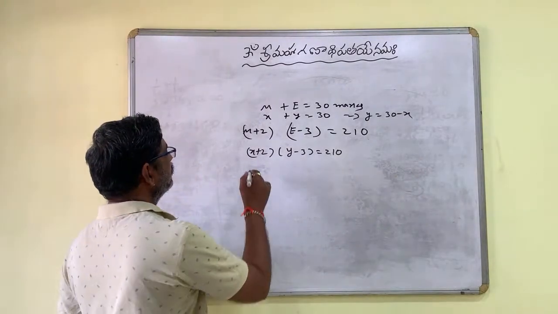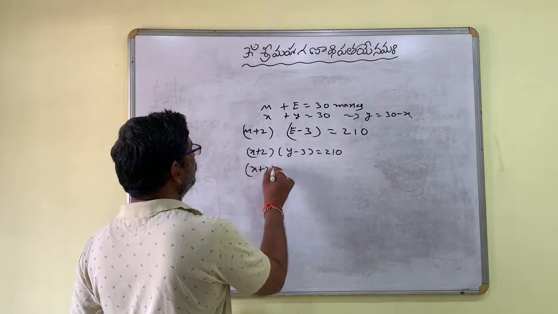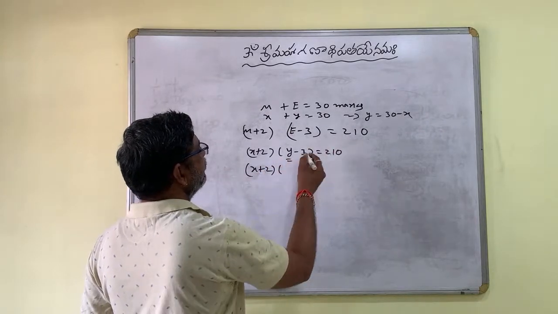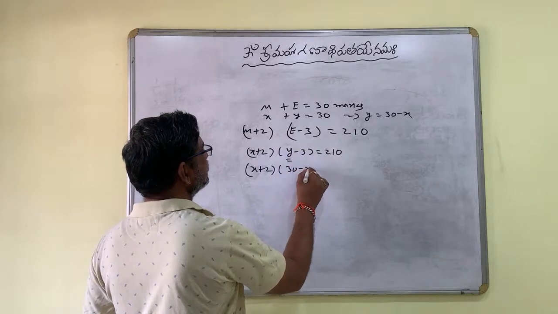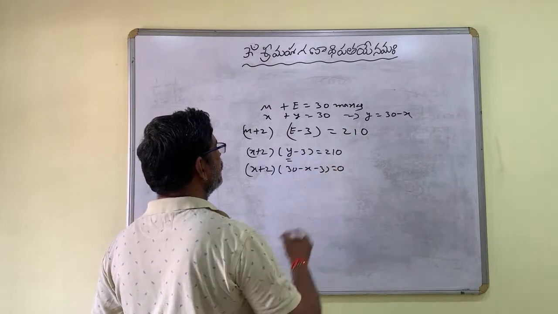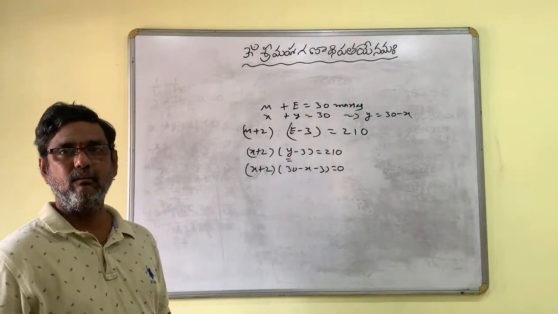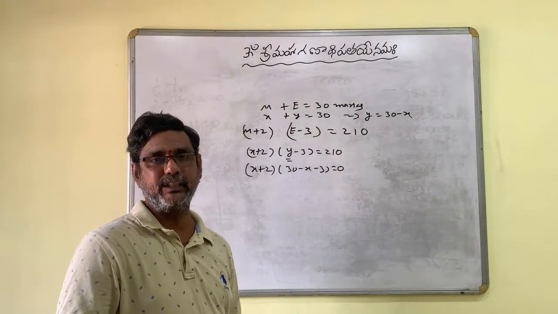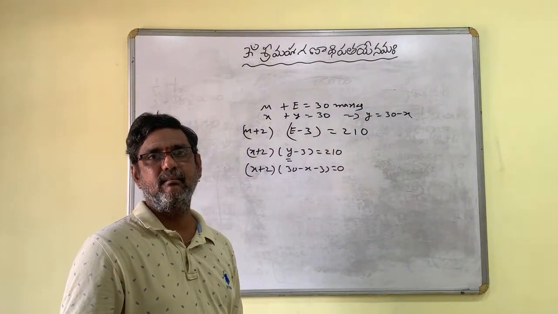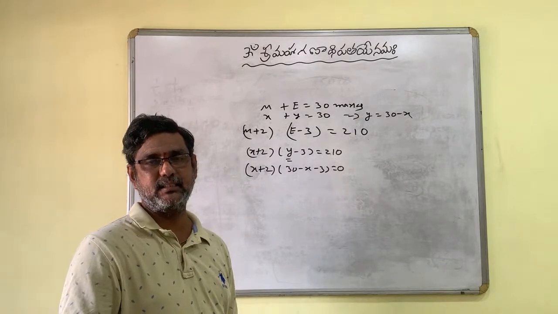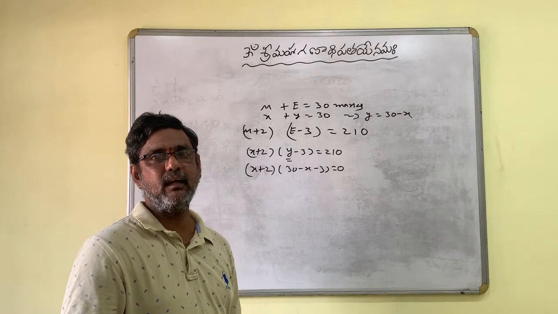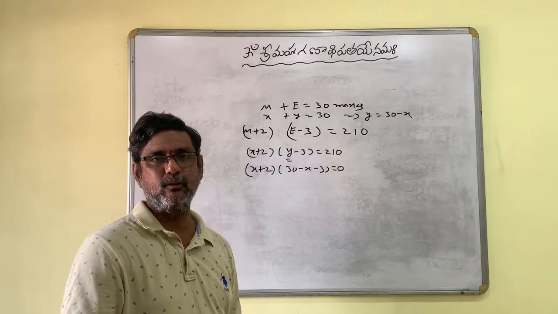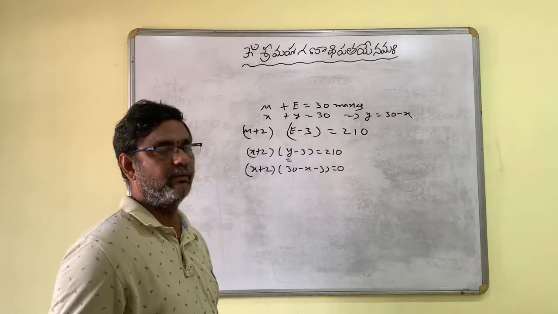Now what do I do? I am going to substitute this y, replacing y with 30 minus x, so that we can get a quadratic equation.